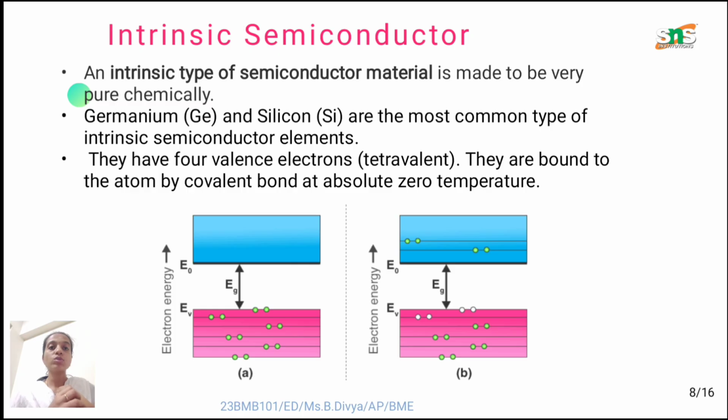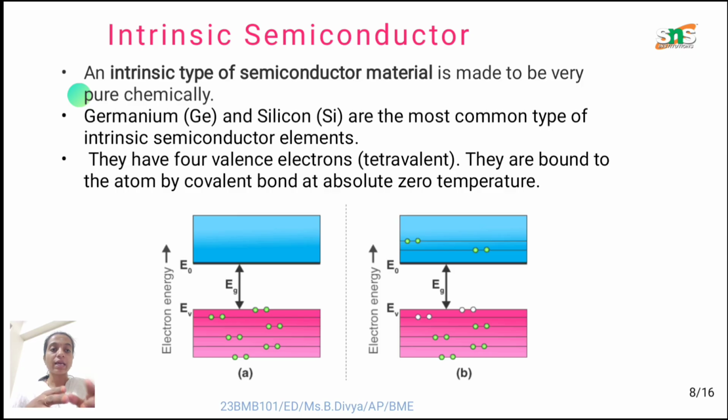They are bound to the atoms by covalent bonds at absolute zero temperature. As I told you already, they have 4 valence electrons, and they are bound to the atoms by covalent bonds, which is to be measured at absolute zero temperature.